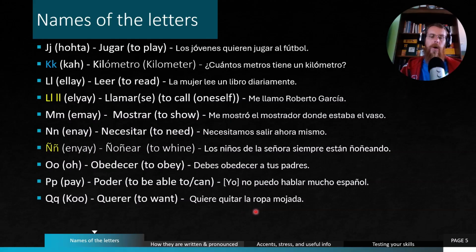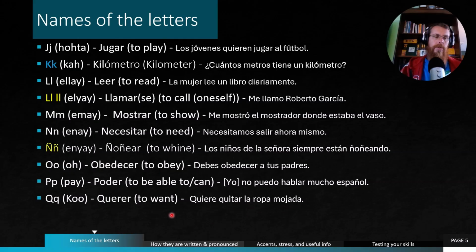La ropa, this is another noun that will only be in the singular, and it means clothes. Even though in English it's plural, in Spanish it's la ropa, clothes you put on. And mojada is how you would say wet. So quiere quitar la ropa mojada means she or he or you want to take off the wet clothes.